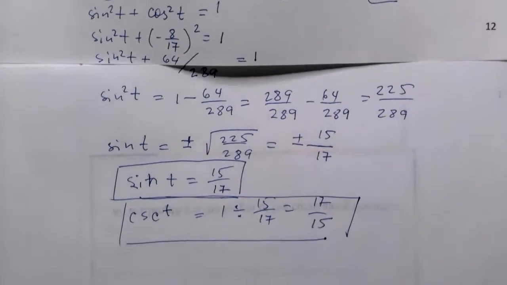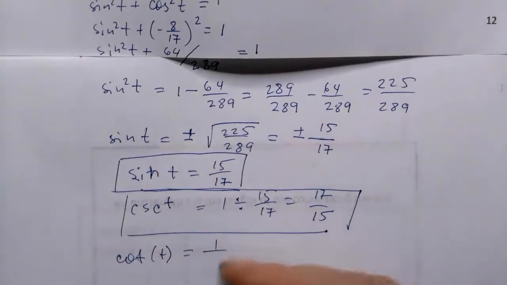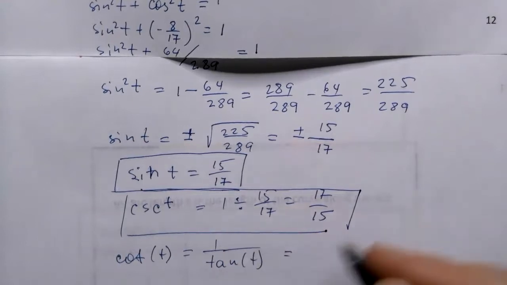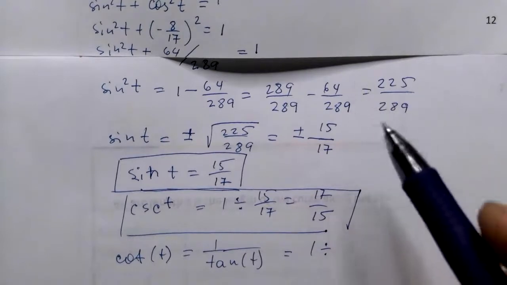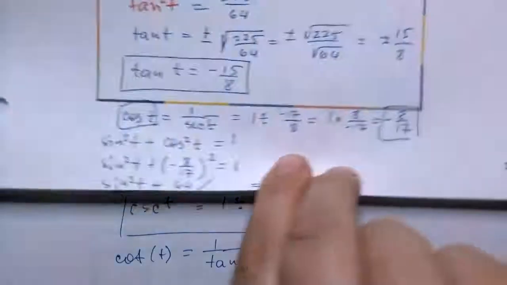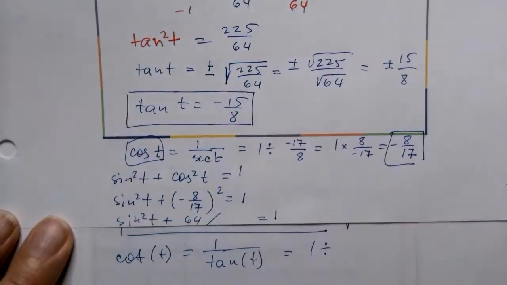And our last function that we need to find is the cotangent of t. The cotangent is 1 divided by tangent. So it's 1 divided by whatever we found for the tangent. We found negative 15 over 8.